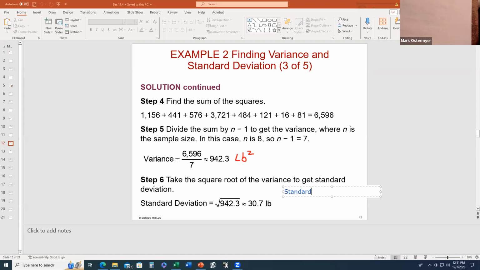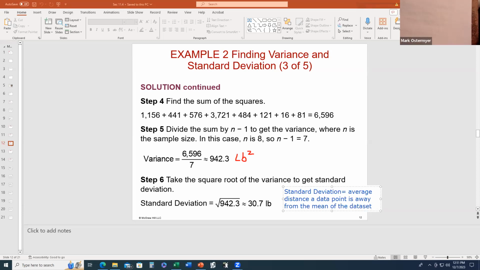Standard deviation is the average, the average distance a data point is away from the mean of the data set.